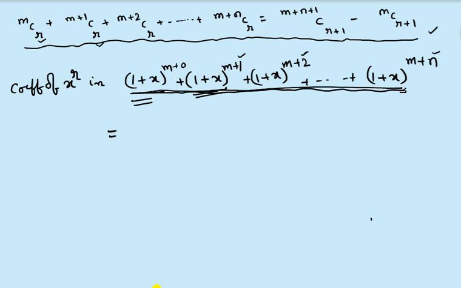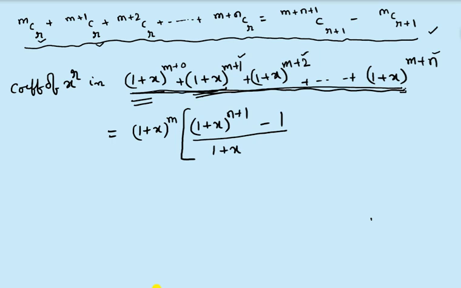So the sum to n plus 1 terms of a GP is (1 plus x)^m into a into (r^n minus 1) divided by (r minus 1). Yes or no? Right?